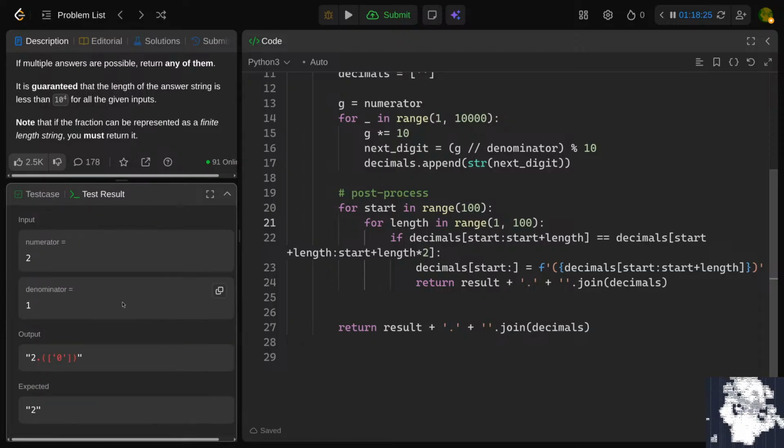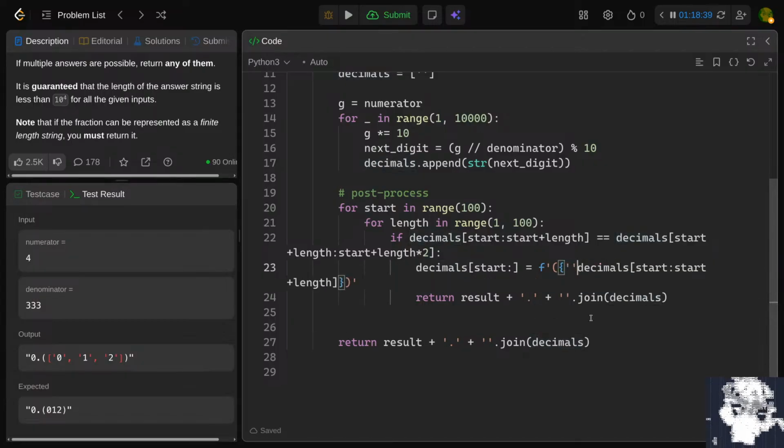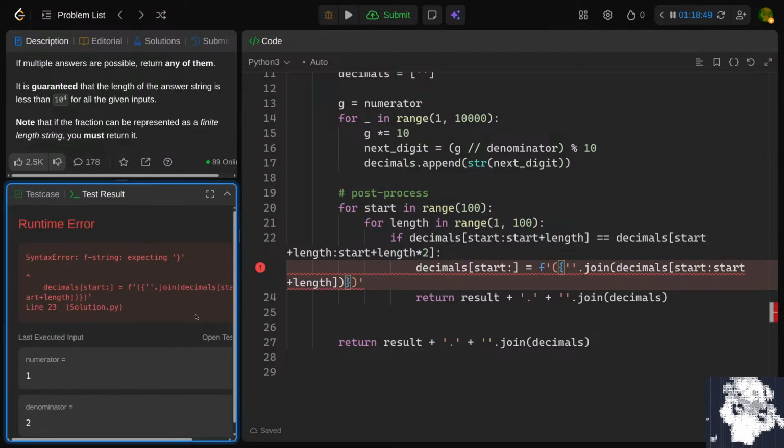Okay. This is what I want, but the format is just not right. So here you should just join. This is so horrible.